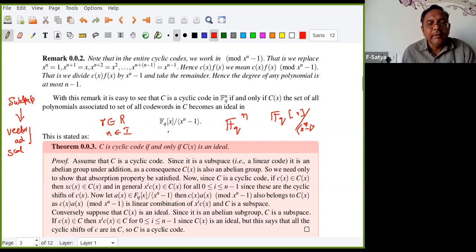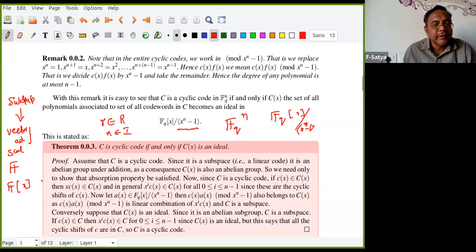So I is an ideal, the ideal generated by x^n minus 1. It is an ideal in Fq[x]. What do you know about Fq[x]? Fq is a field. You recall something from your algebra course. F[x] is a Euclidean domain and a PID, which you studied.